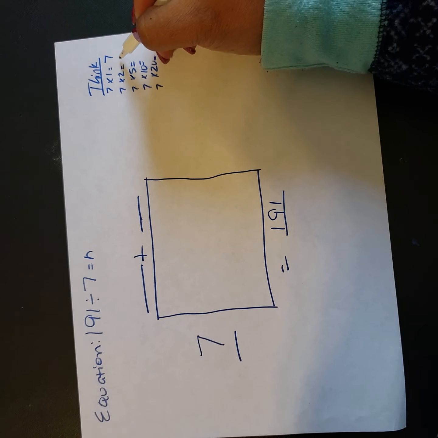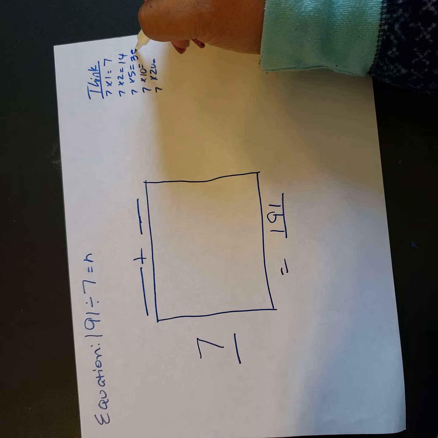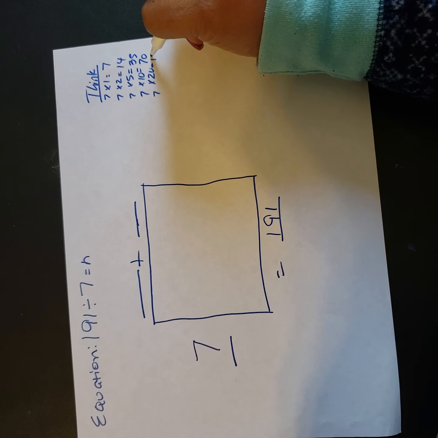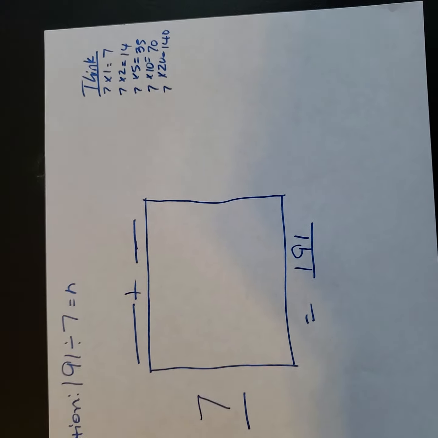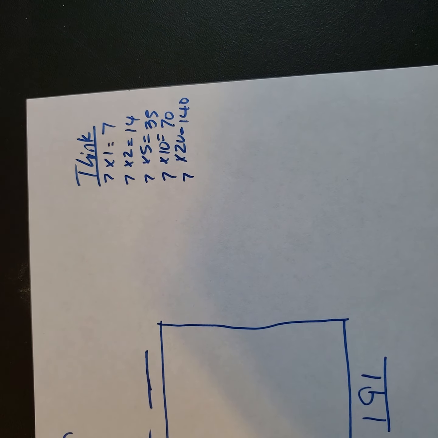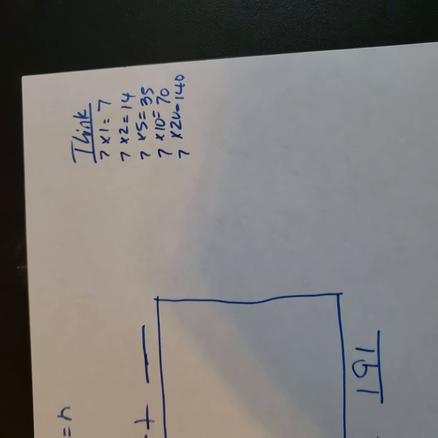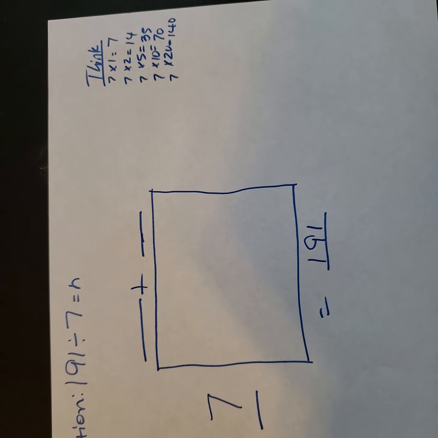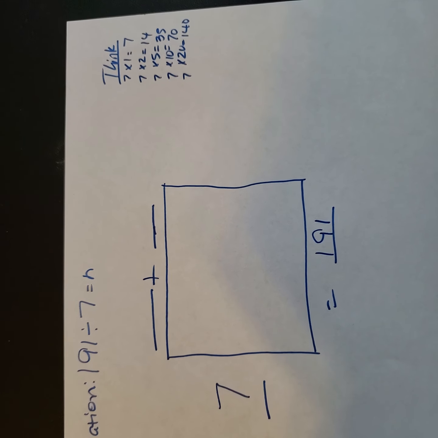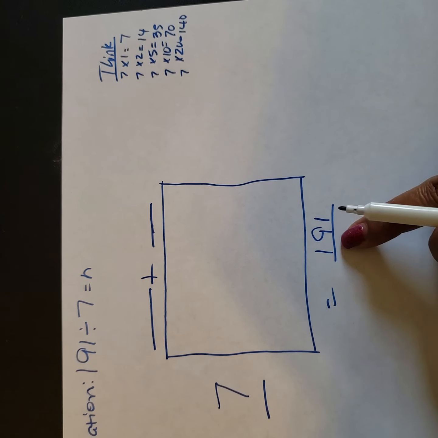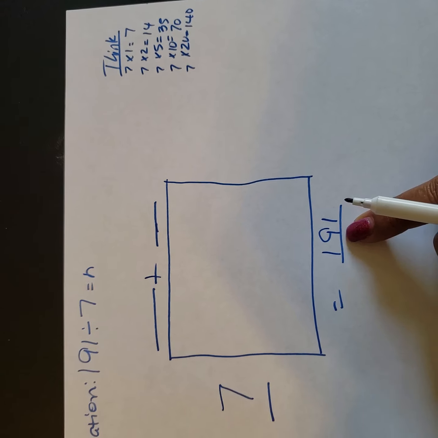And that's going to be 7, 14, 35, 70, and 140. Please do not guess on the math. If you do not know these multiples or these facts, please use an area model or repeated addition or grouping to solve.